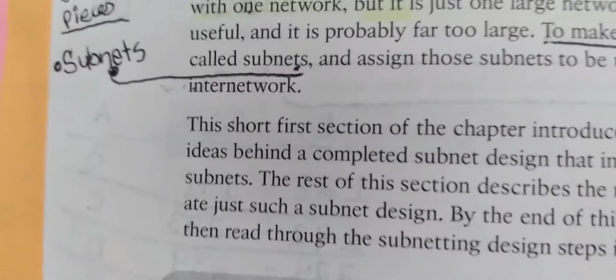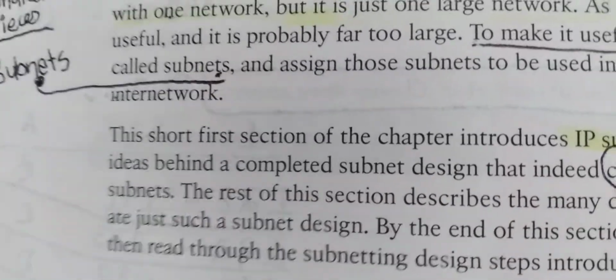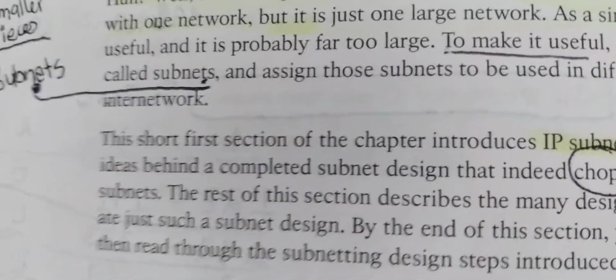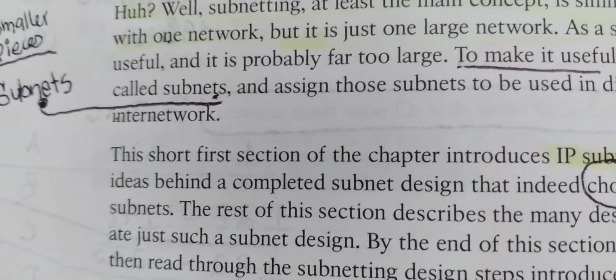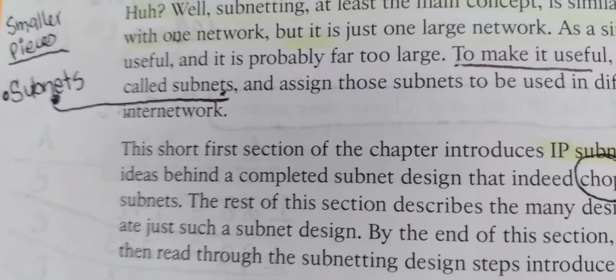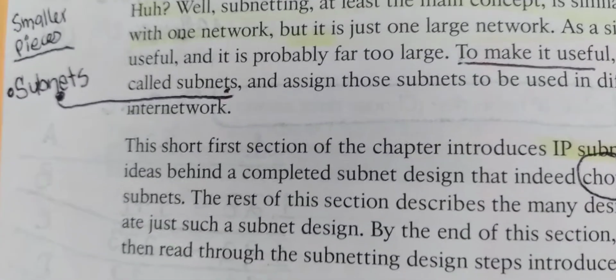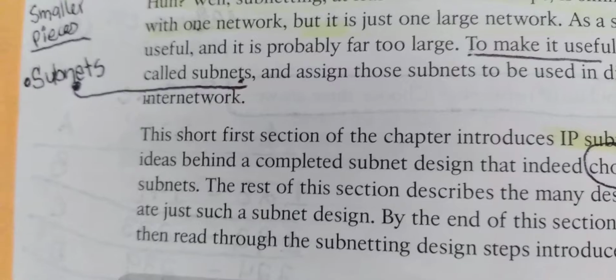Okay, so this short first section of this chapter introduces IP subnetting. First, it shows the general ideas behind a completed subnet design that indeed chops or subnets one network into subnets.